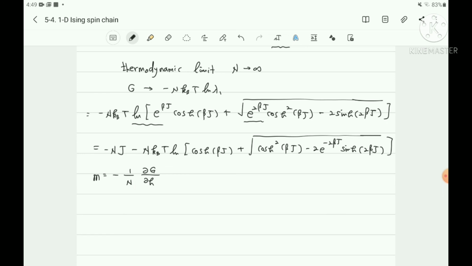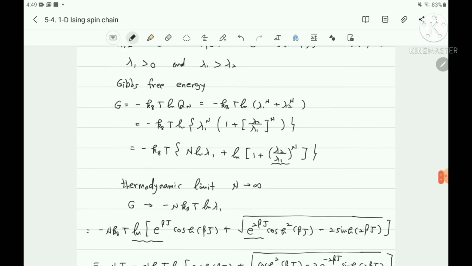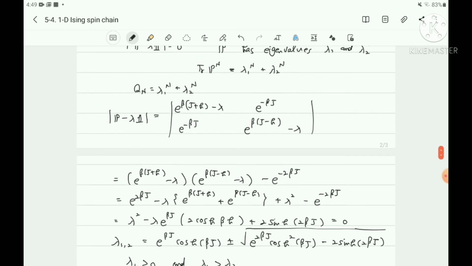Field term contains, let's consider this one, and let's write down minus 1 over n in the magnetic field term. Now let me go back to here.